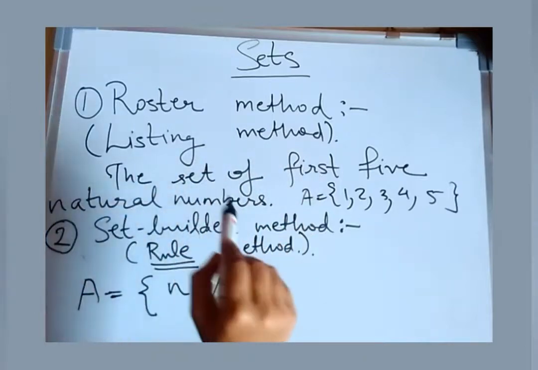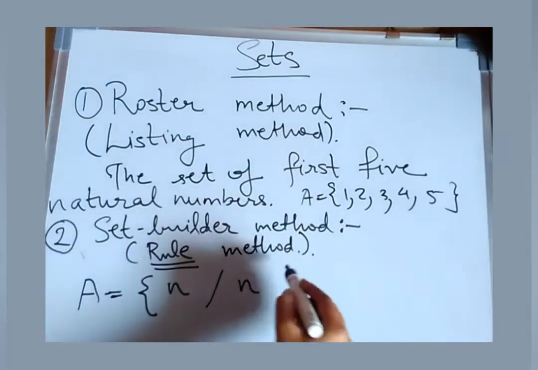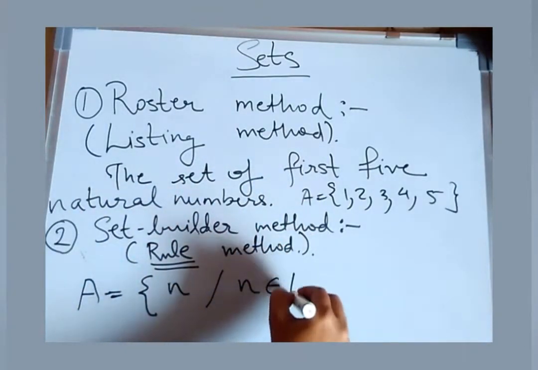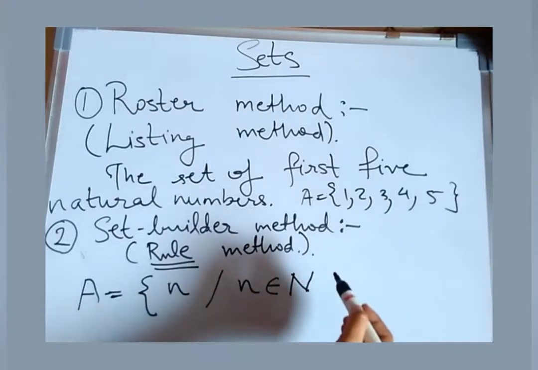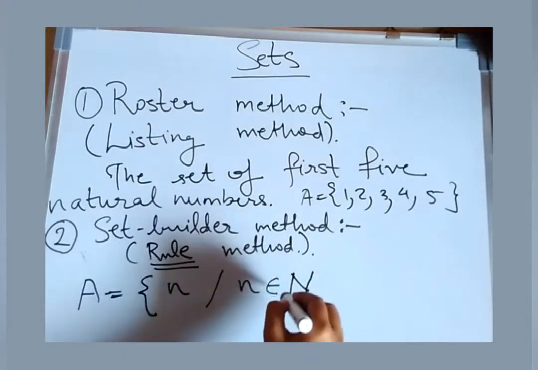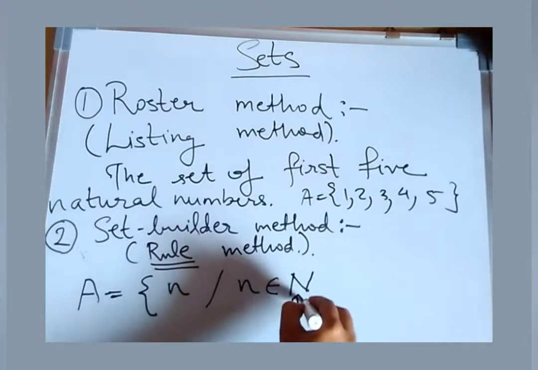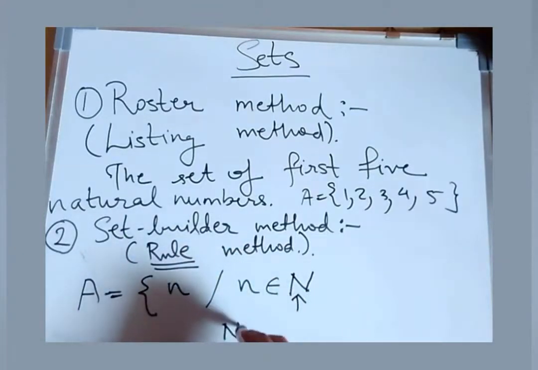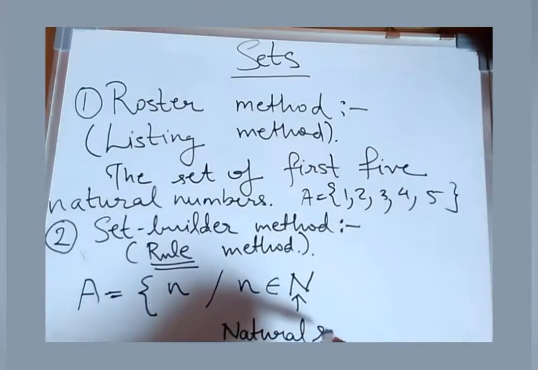First 5 natural numbers, that means my n belongs to N. This notation we will discuss later. Here N is the set of natural numbers.